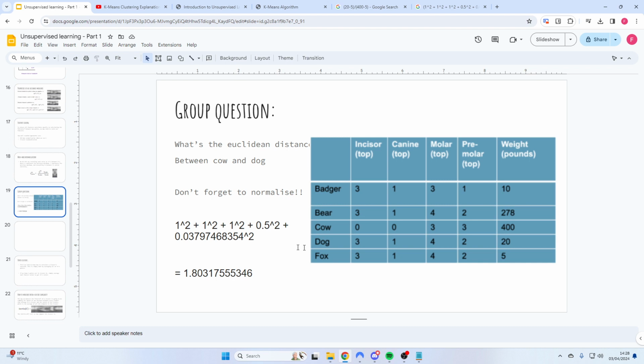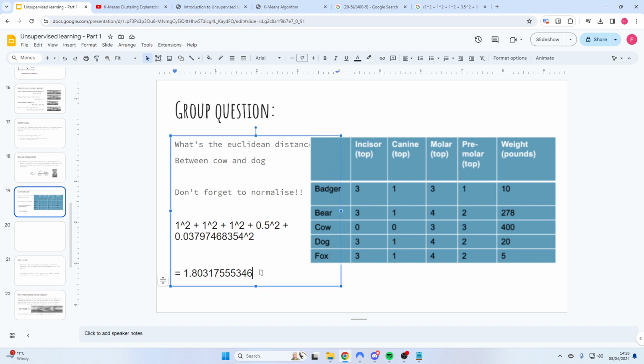So we've just calculated the difference between cow and dog. When you're actually using this for practical reasons, you would be calculating the difference between cow and everything else. Now, this value by itself doesn't really mean anything, but it's going to mean something if we compare it to other values and see how a cow and dog's similarity compares to a cow and a badger, for example.